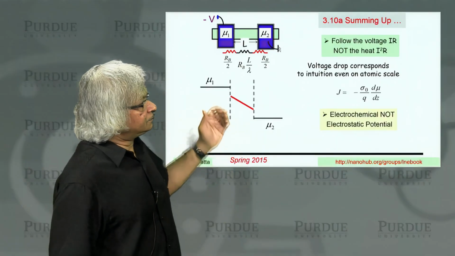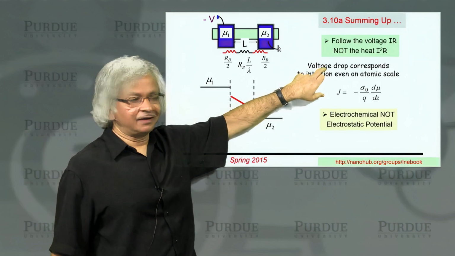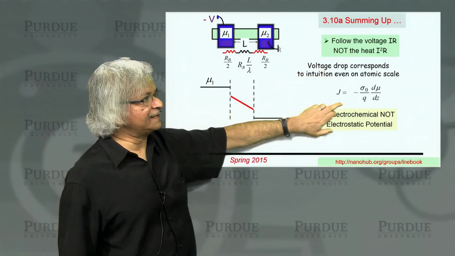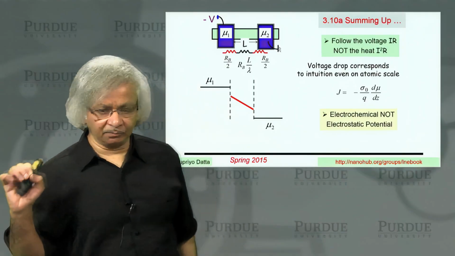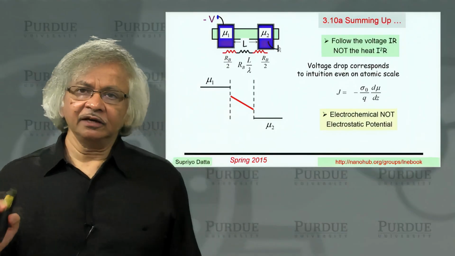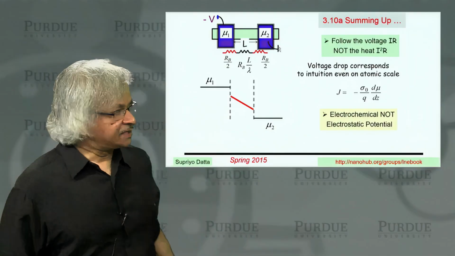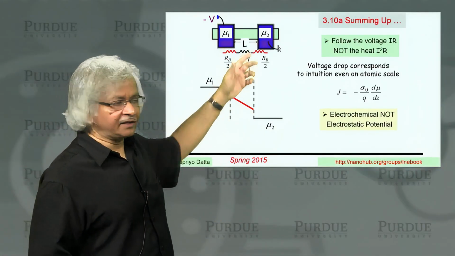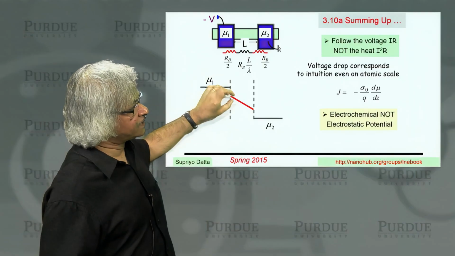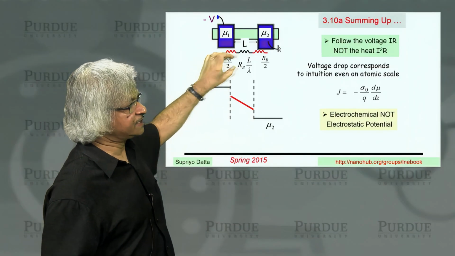Now, the second important point was: what is voltage? And there I made a point that we should associate voltage with the electrochemical potential and not the electrostatic potential. Because if you looked at the electrochemical potential in a device like this, you'd see these drops at the two ends, which you could then associate with the resistances.